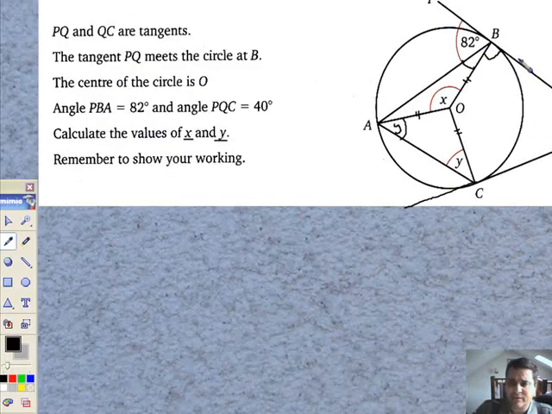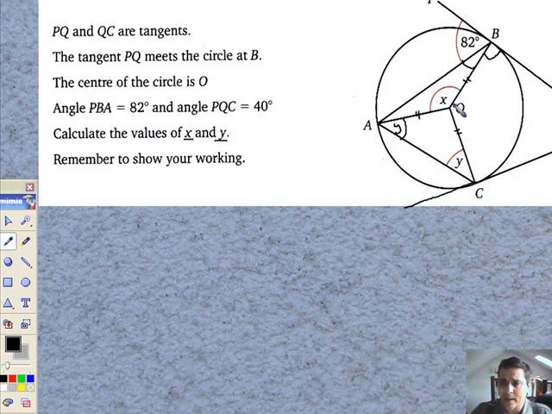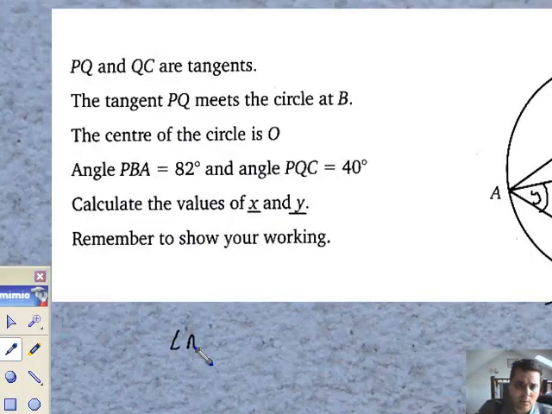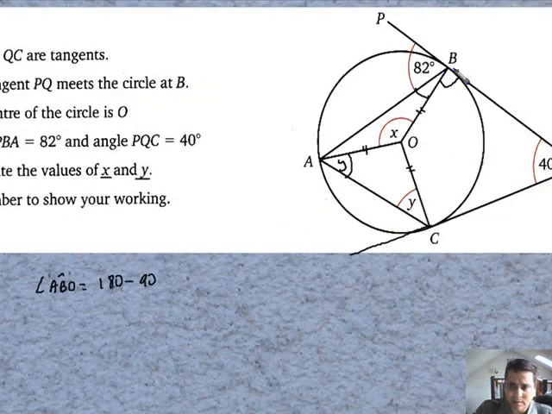So here I go, doing it fully now. I'm working out angle ABO. So angle ABO equals 180 degrees. Take away the 90, because it's the radius to the tangent. Take away the 82, and that will give me angle ABO.